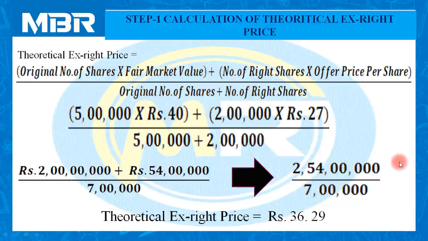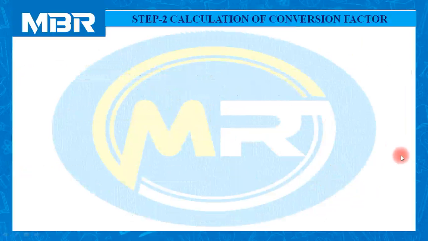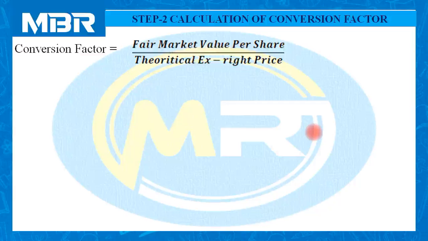After discussion of step number 1, let us move to step number 2. Step number 2 is all about calculation of conversion factor. It is nothing more than following a very simple formula. Conversion factor is equal to fair market value per share divided by theoretical ex-rights price.